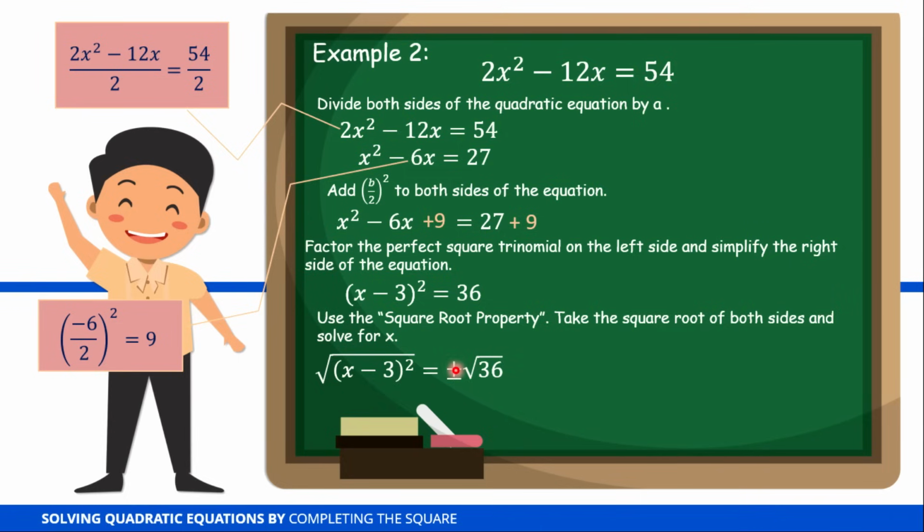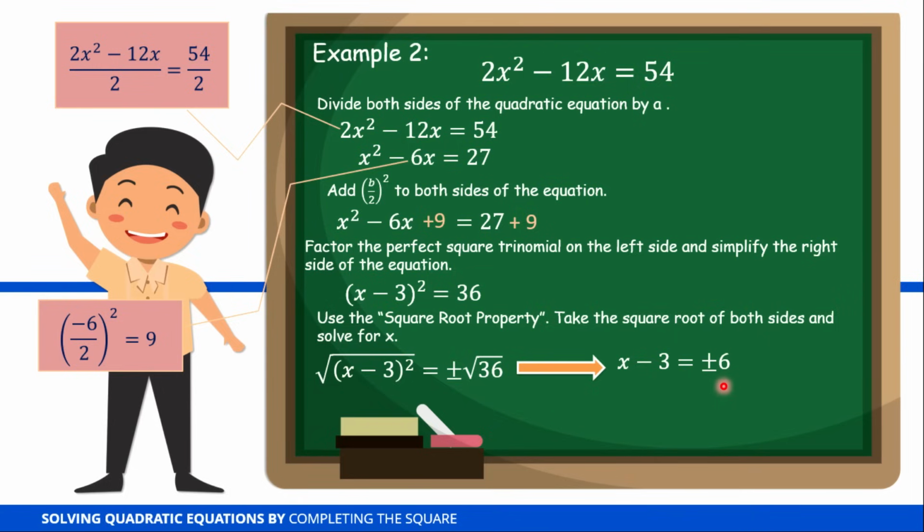Don't forget, use positive negative sign dahil gumamit tayo ng square root property. Simplify. So, ang square of binomial natin, kapag kinuha ang square root, maiiwan yung binomial mismo. Magiging x minus 3. Tapos, positive negative, ang square root na 36 ay 6.